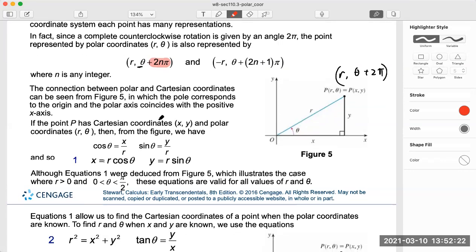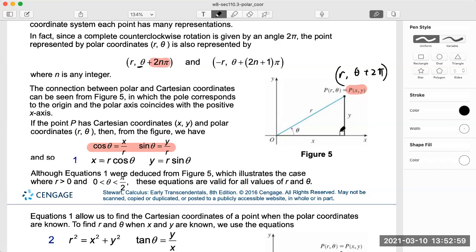And the relation between Cartesian coordinate and polar coordinate is given by this. If the position P is x, y in Cartesian coordinate, in polar coordinate it is r, theta, and the relation between x, y, and r, theta will be given by this guy. Right? It's clear that cosine theta here is x over r, right? And sine theta will be y over r.